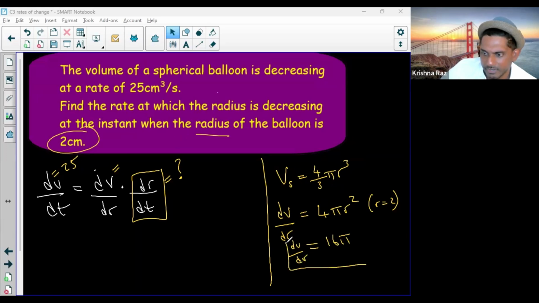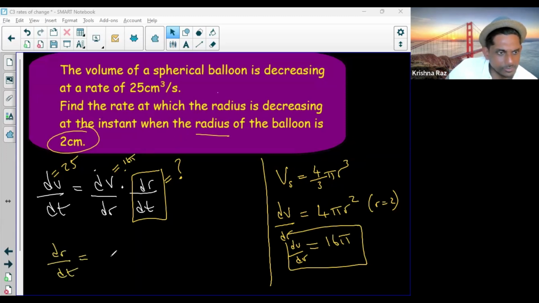So dV by dr is 16 pi. So dr by dt equals 25 divided by 16 pi. Find the rate at which the radius is decreasing, so centimetres per second.